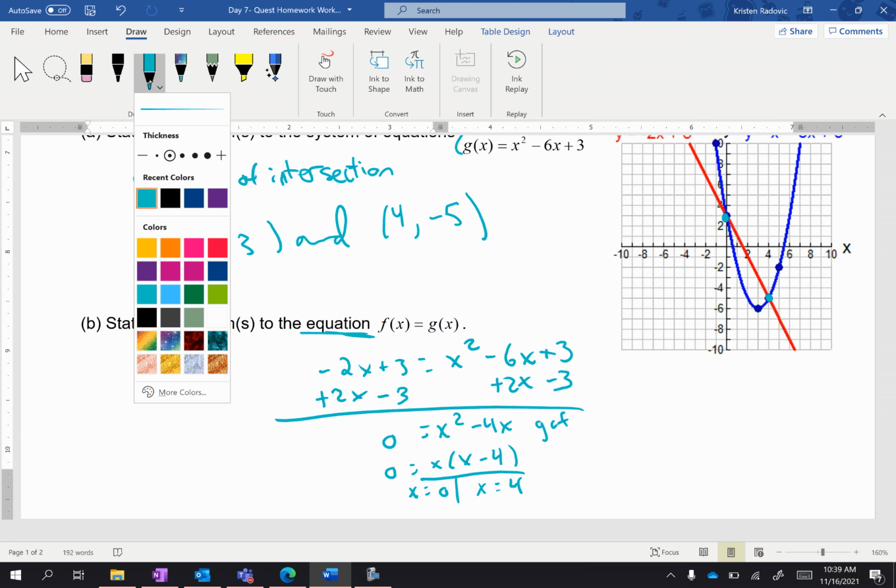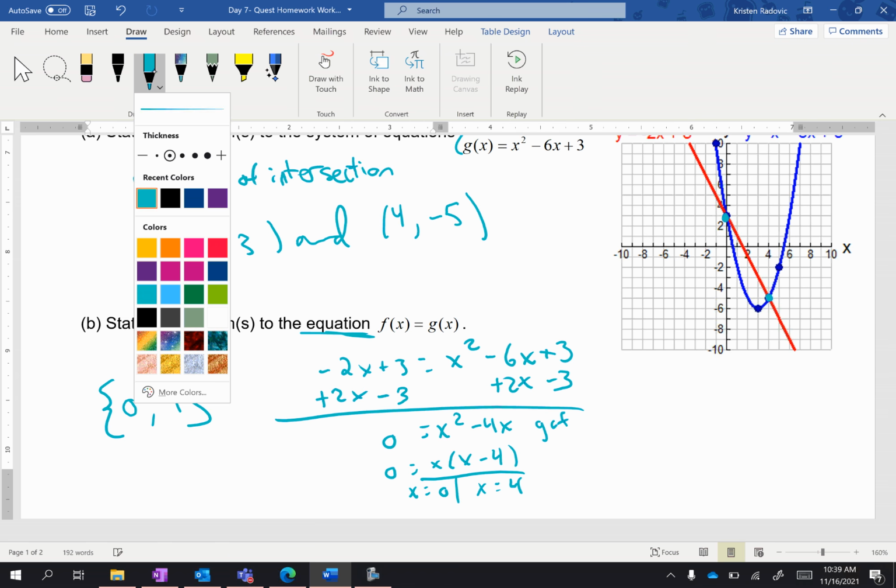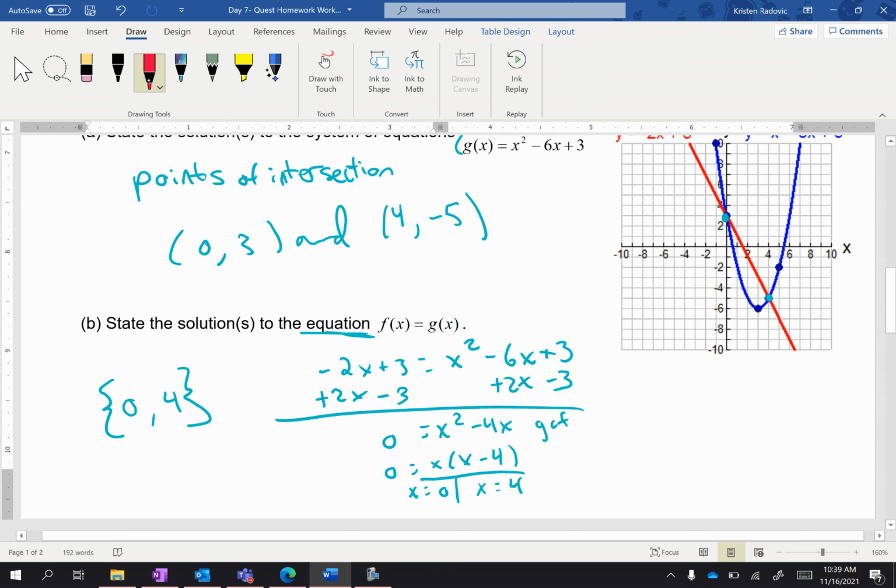So let's compare how that's different here versus our last answers. First of all, I have to say that if you want to put this in set notation, you would use curly brackets. So notice how here, in the last example, parentheses is a coordinate, whereas curly brackets represents a solution set.